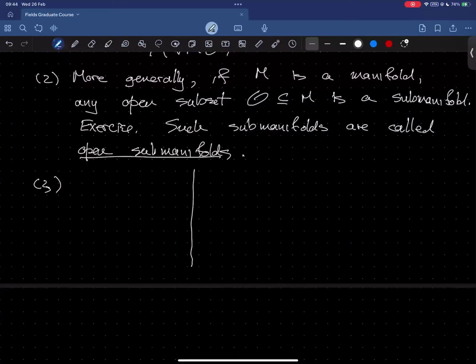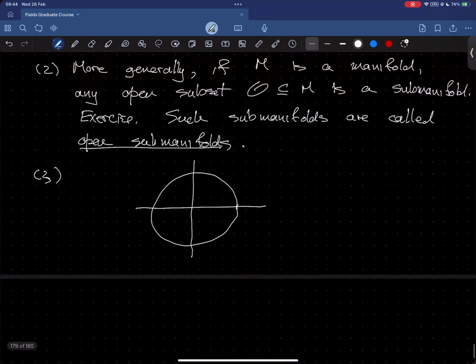We've looked at S1 before, and we ground out specifically an atlas for S1 to show that it was a manifold. Now I'm going to grind out submanifold charts for S1. Okay. So S1 in R2. Okay, so what's the definition?